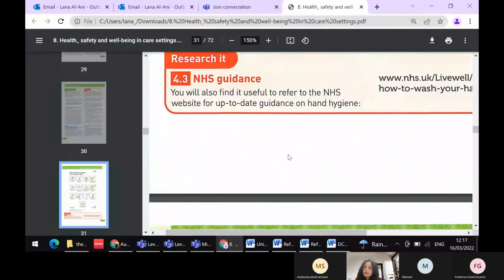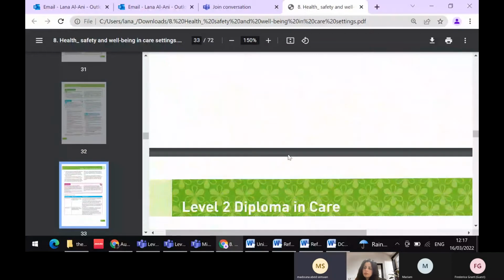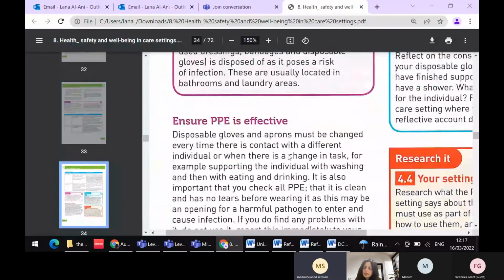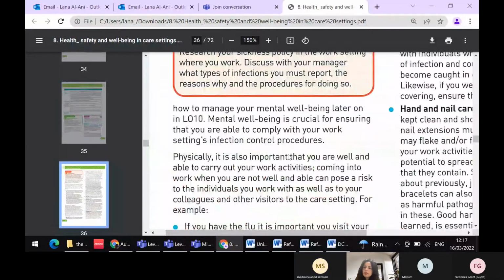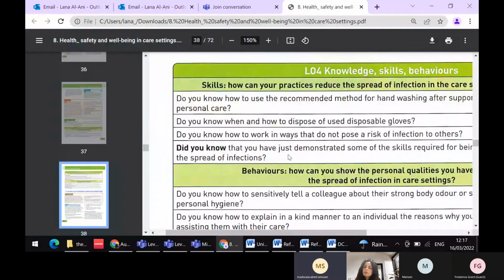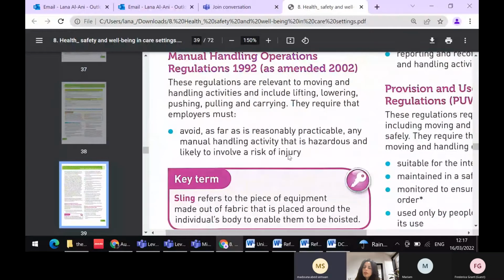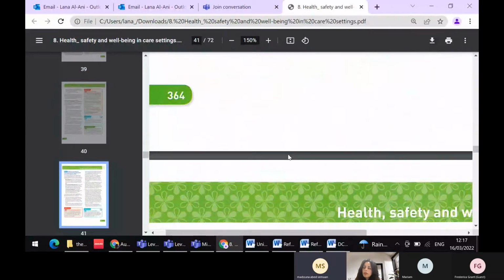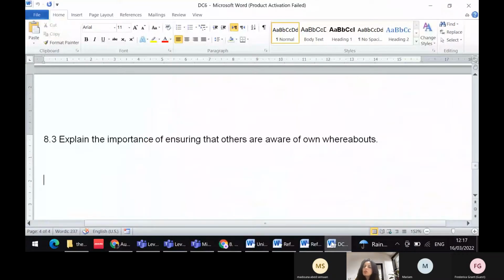Any other person can contribute as well? Is the question about the place, how they are important in the place, or their responsibility? The question is: explain the importance of ensuring that others are aware of own whereabouts.